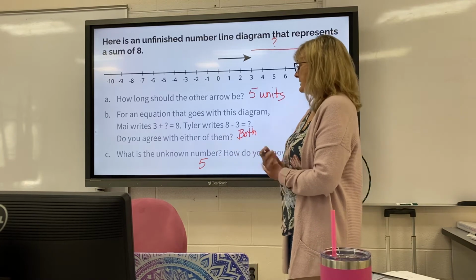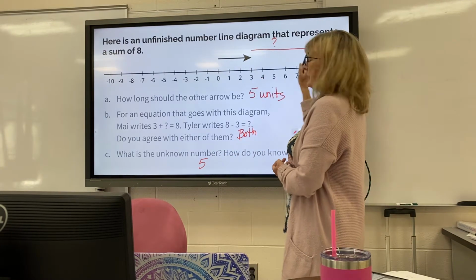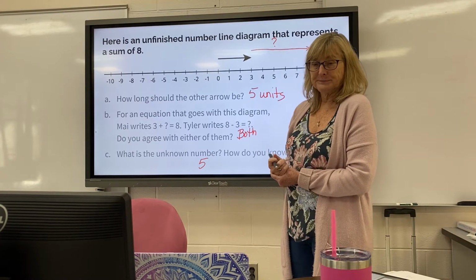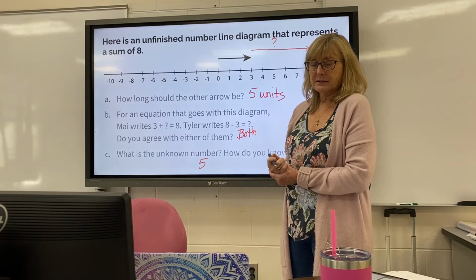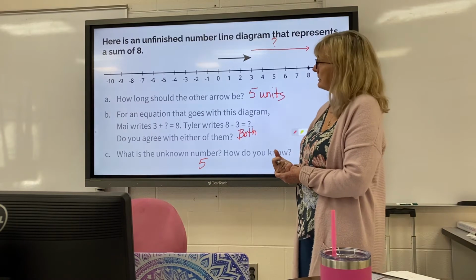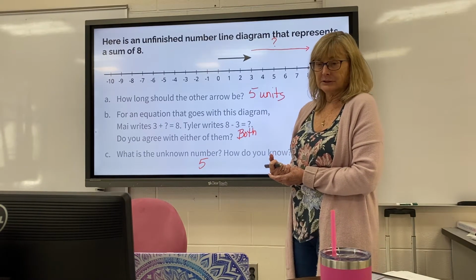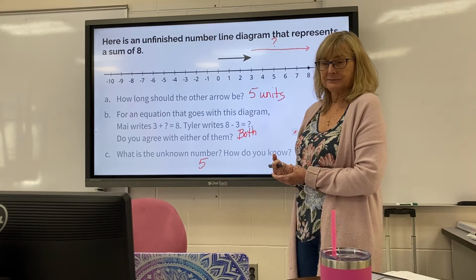So the number is 5, and we know that because the distance from 3 to 8 is 5 positive numbers. All right. Questions that you have for me about this first number line? All right. Anybody need more time to write it down?